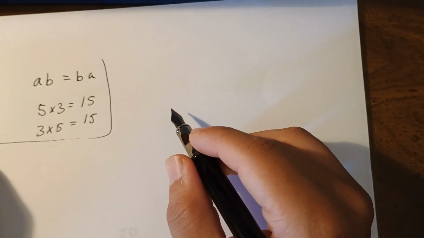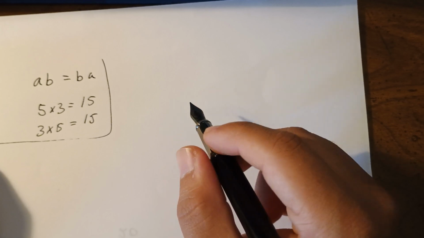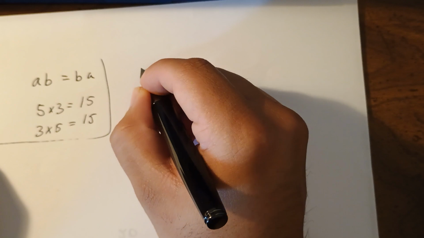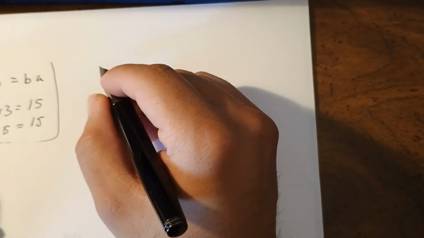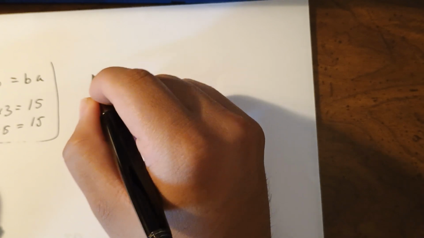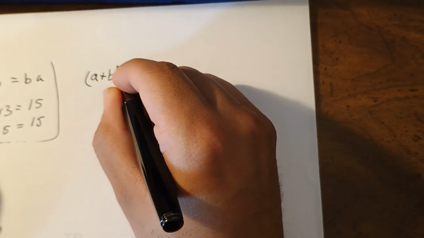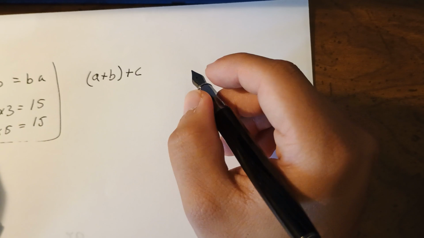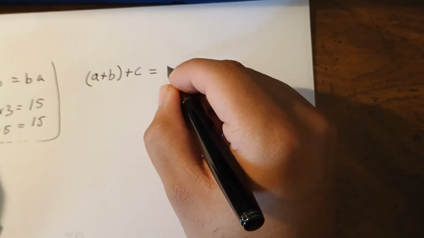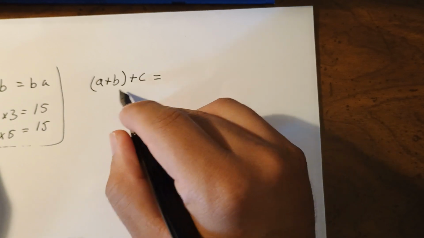Now I'm going to be talking about the associative property of addition. If we had something like a plus b plus c, it's kind of like the first one I was talking about, where if I change the order, it doesn't matter.